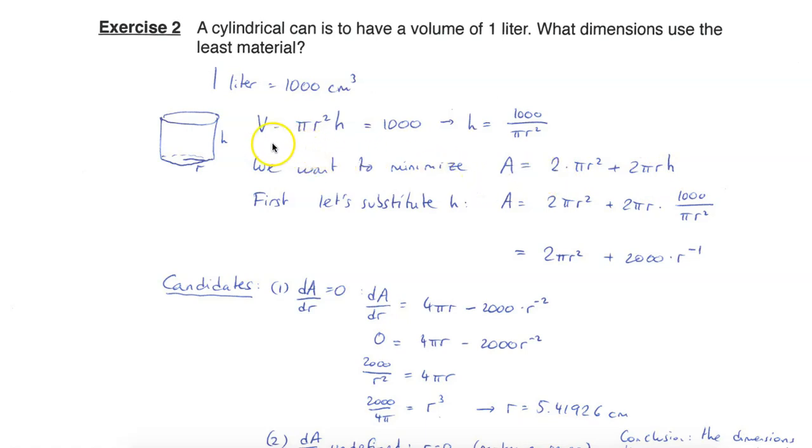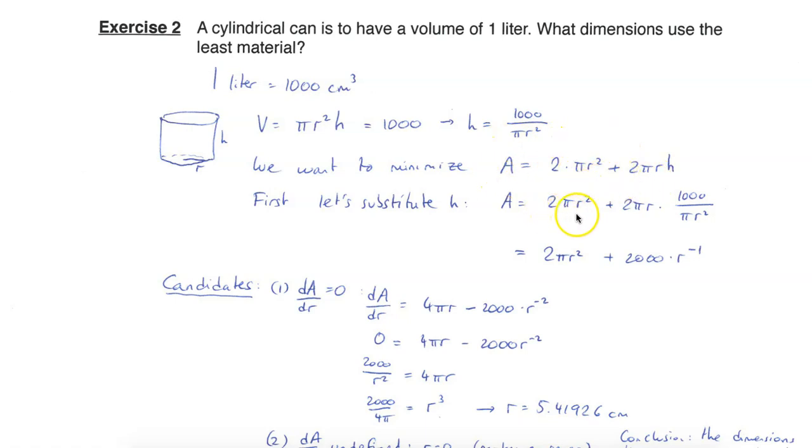So given that I know the volume of a cylinder is pi r squared h, I can use the fact that we know this is 1000. 1000 equals pi r squared h, therefore h equals 1000 over pi r squared. And I can substitute h in the formula for the area.